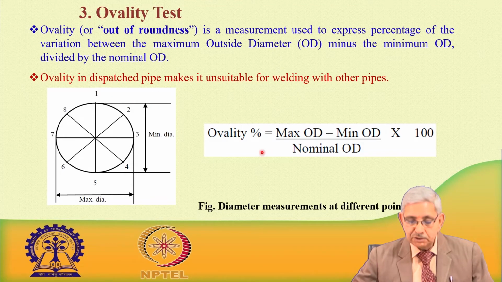So, ovality is estimated in percentage: the maximum outside diameter minus the minimum outside diameter, divided by the rated outside diameter, which is the design diameter the manufacturer gives. If any deformation takes place, that deformation should be within the prescribed limit.